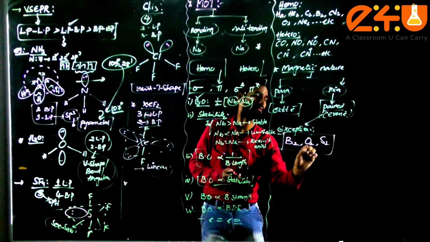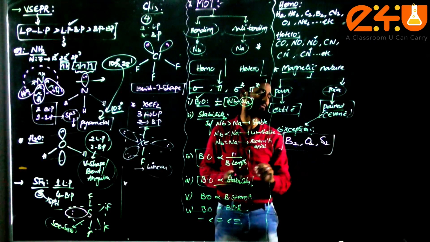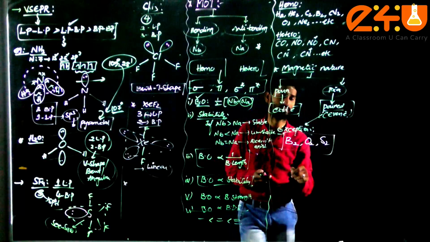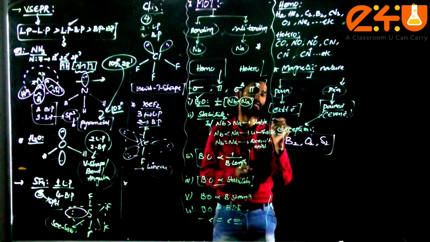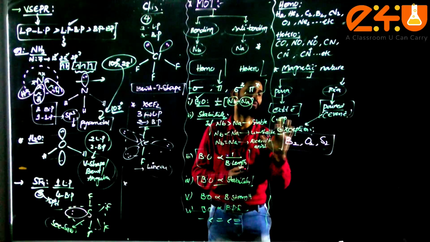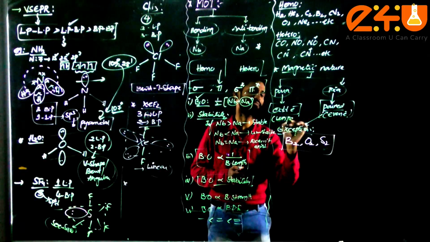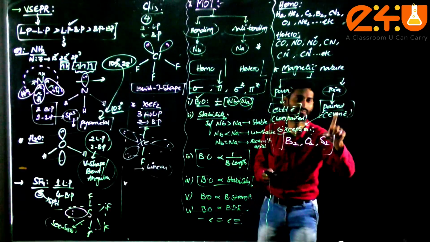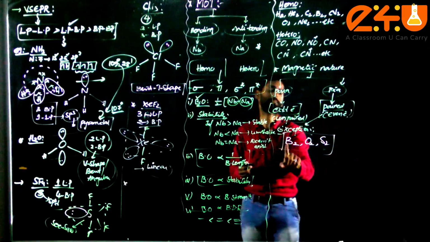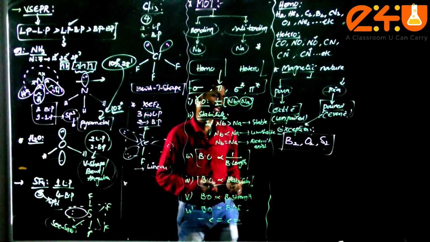That's why it is a paramagnetic substance. Paired electrons are diamagnetic, but the exceptions are B2, O2 and S2.